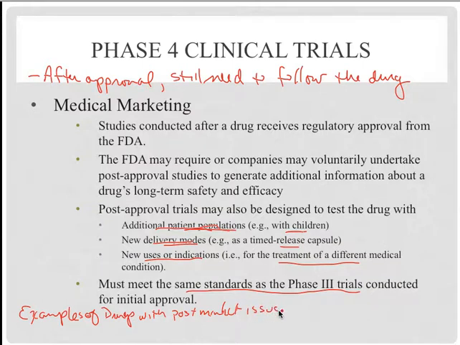It would be thalidomide, which causes birth defects, and Vioxx, which was used as an anti-inflammatory and then later found to cause heart attacks.